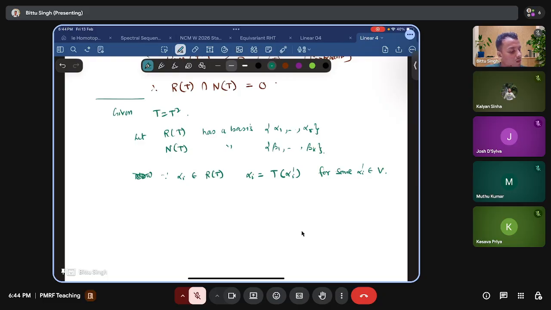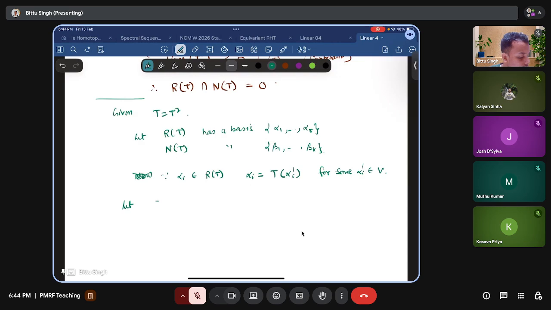So our claim is that these vectors are linearly independent.